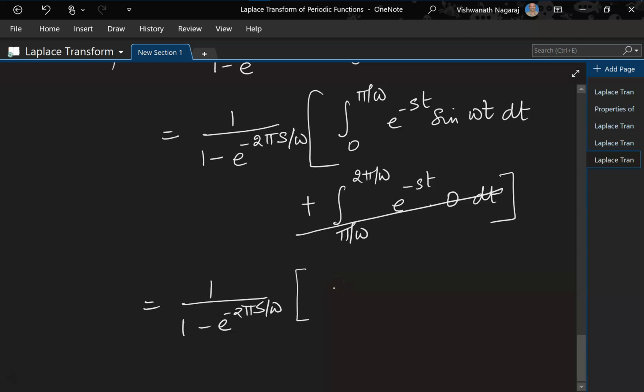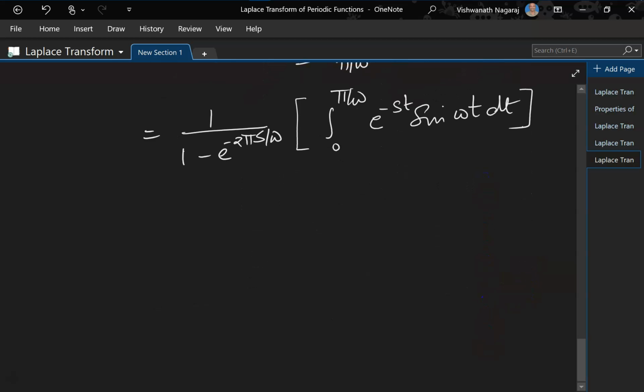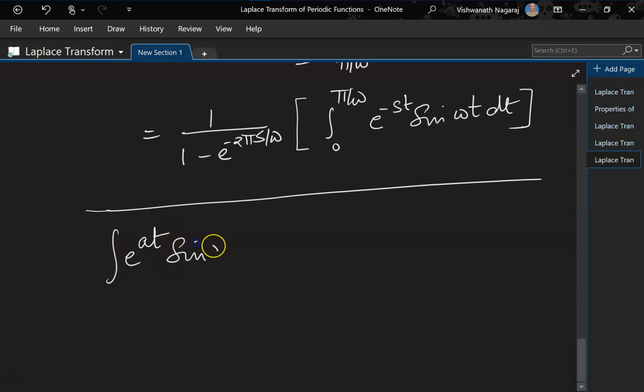Now what do we do with this? Integral of 0 to pi by omega e to the power of minus st sine omega t dt. Here you have to remember a particular integral: the integral of e^(at) sine mt dt is equal to e to the power of at by a square plus m square.